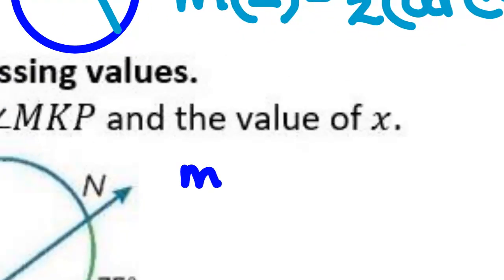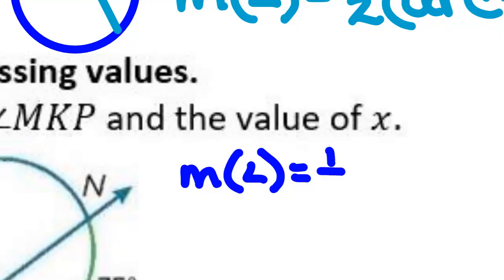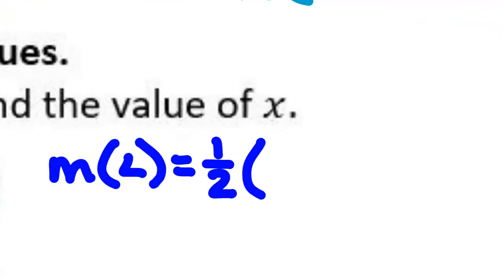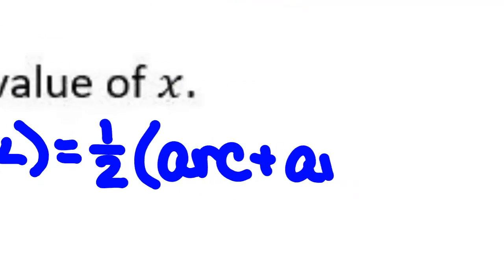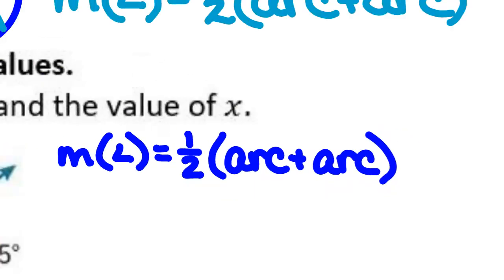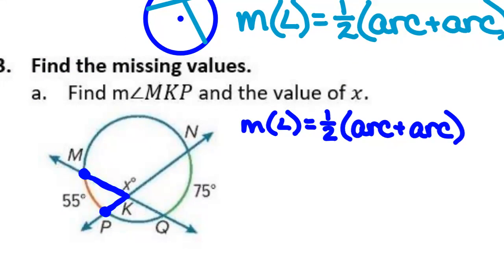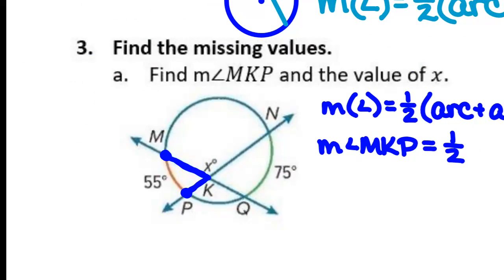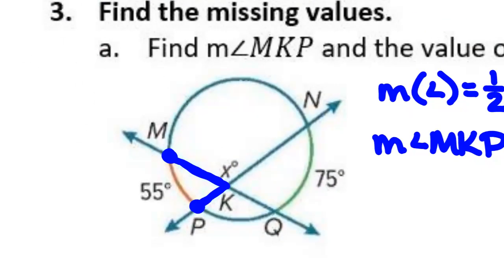So the measure of the angle is equal to 1/2 times arc plus arc. So we want the measure of angle MKP. That would be equal to 1/2 times the arcs that are being intercepted by this angle and its vertical angle.